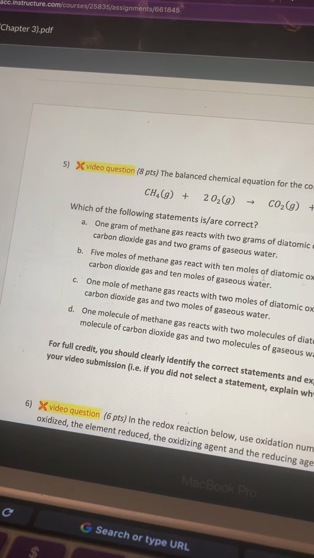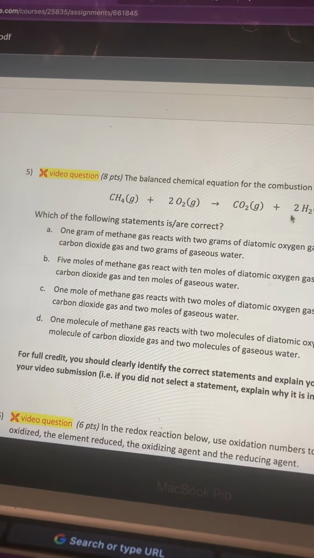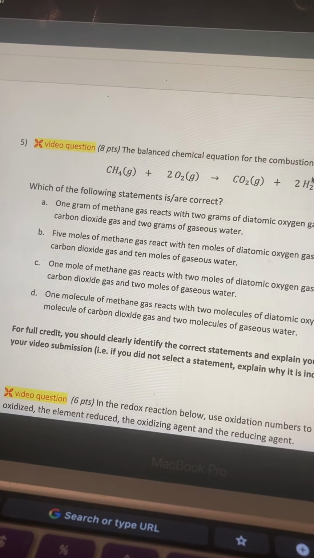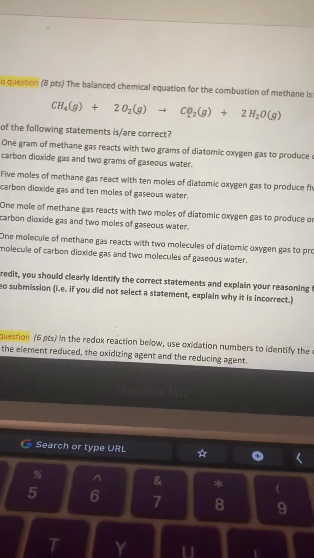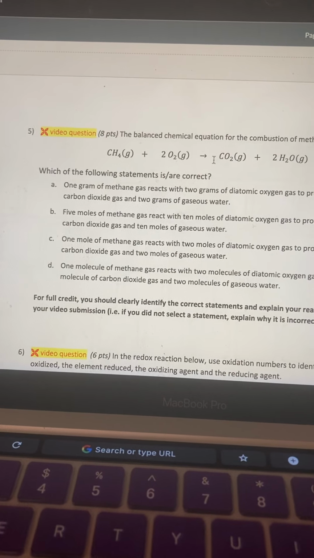Oh, and you produce 1 mole of CO2 and 2 moles of water. That's just like the conversion statement, like the actual thing.